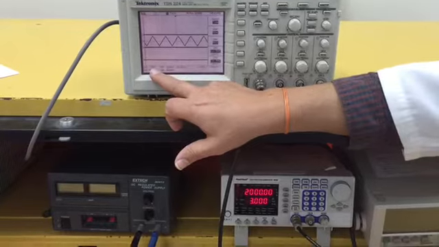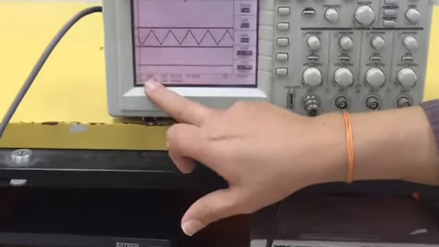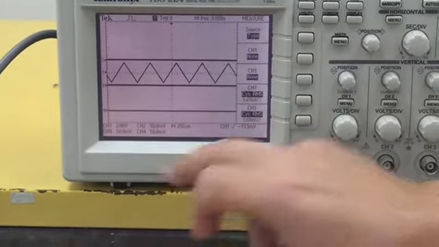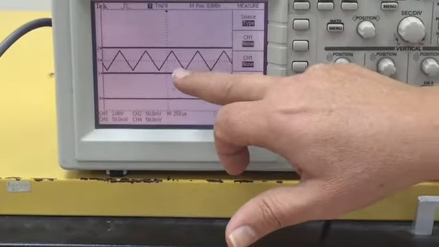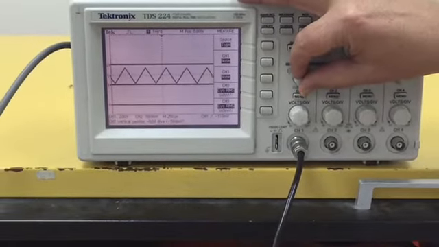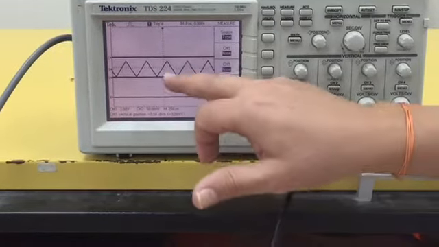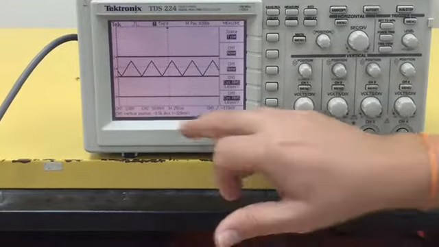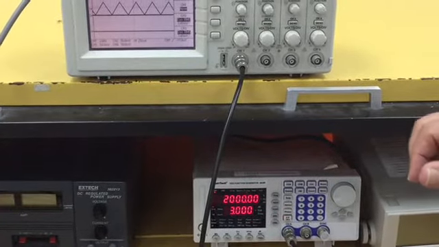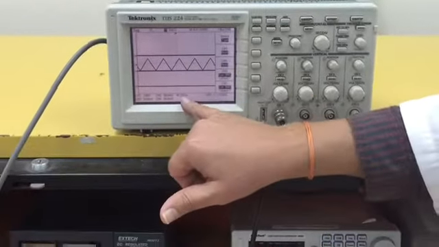Here you can see the scale of the amplitude on the left side. By multiplying the number of divisions of the signal by the scale, you can find the peak-to-peak amplitude. So here you can check the peak-to-peak amplitude of the signal.